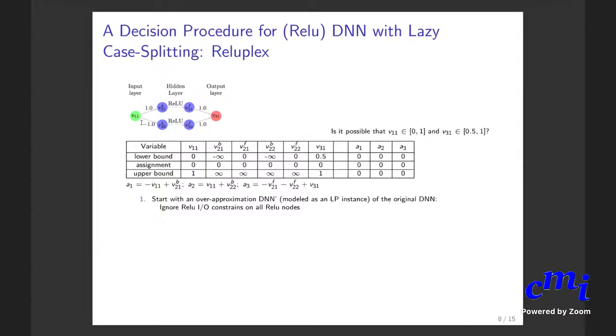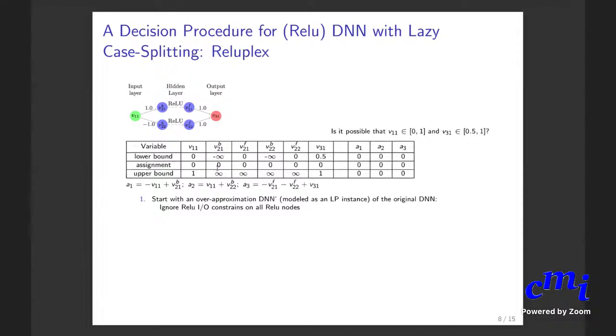So as you can see for a DNN, V11 is the input. Each of the internal nodes is expressed as a linear combination of the nodes prior to that. Similarly, the variables that the forward variables feed into are expressed as linear combinations of the forward variables, which are the outputs of ReLU.